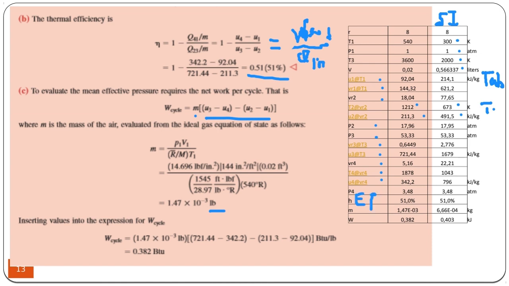Efficiency is the same, which must be the same in two unit systems. Mass of the air is almost 0.6 grams, and work done is 0.4 kilojoules. This is actually kilojoules per cycle, so we have to put it as kilojoules per cycle.